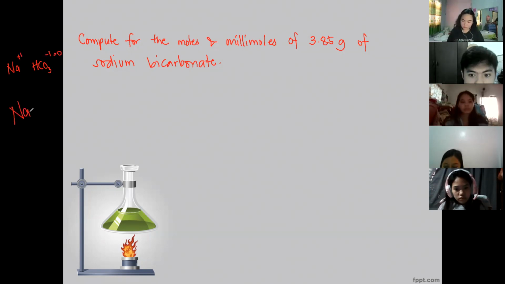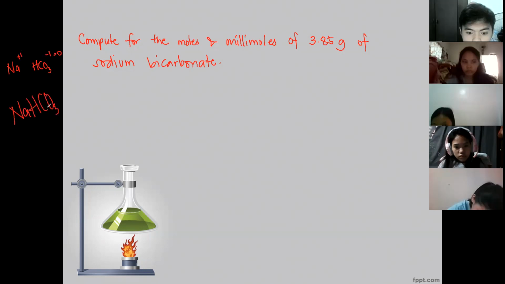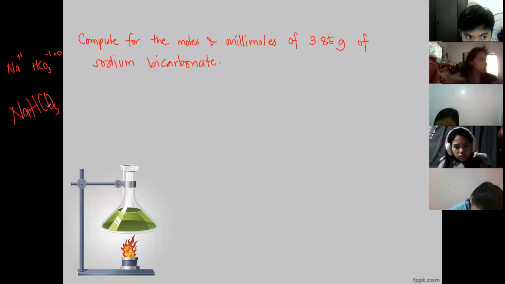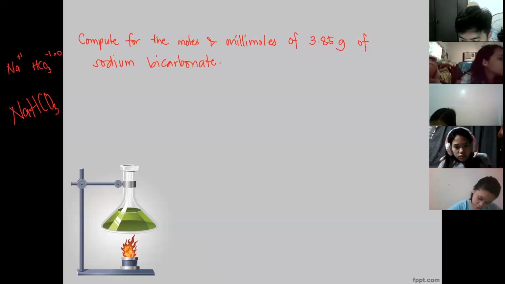Thus for sodium bicarb, it is NaHCO3. Sige, you try to solve the problem both for moles and the millimoles.